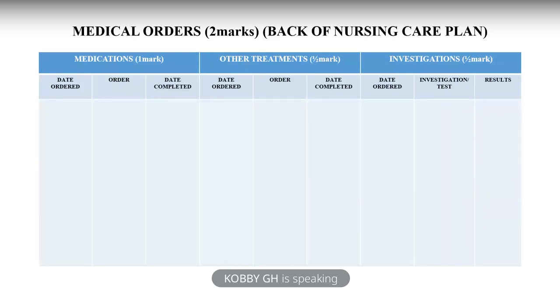X-ray is like the preferential investigation for fracture on the orthopedic ward. So quickly you write X-ray of the right leg, or wherever the fracture is. Then for the results, write the diagnosis over there. Then for other treatments, write no other treatment requested.